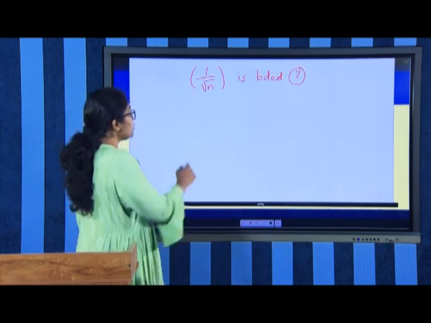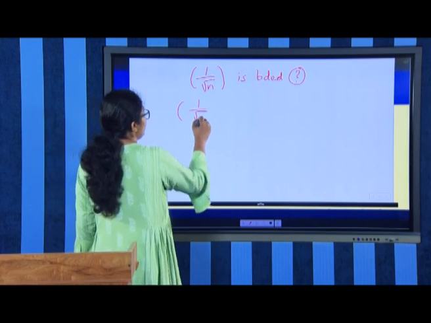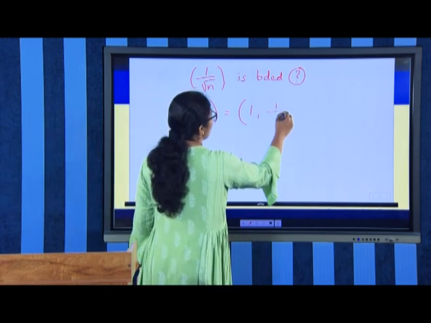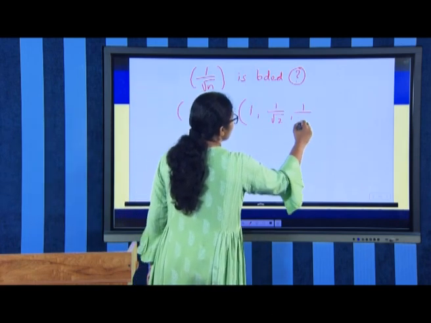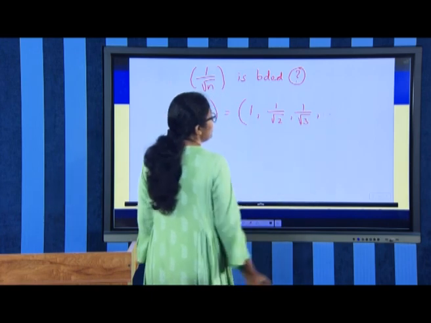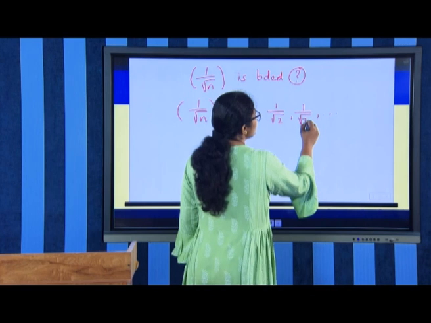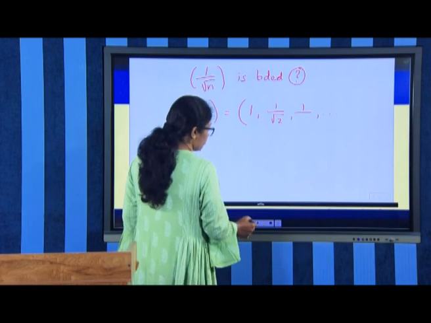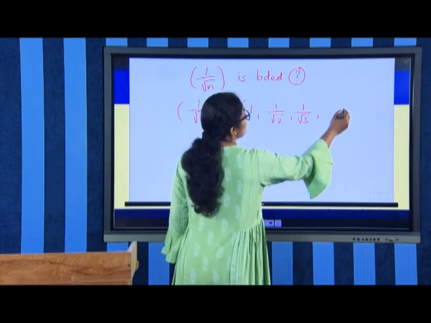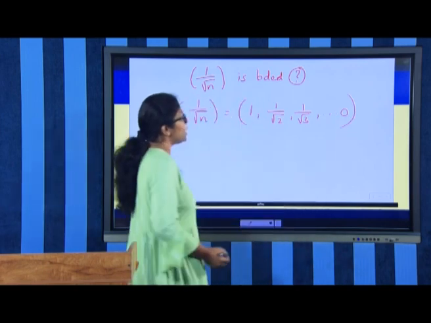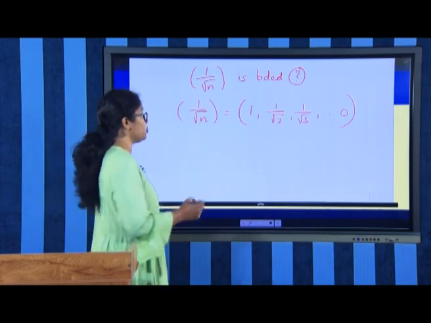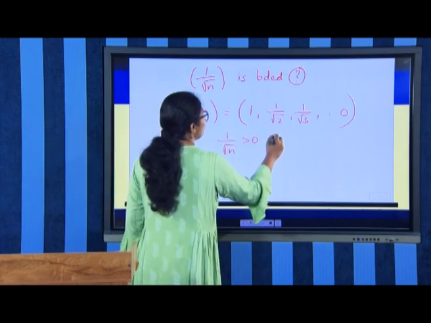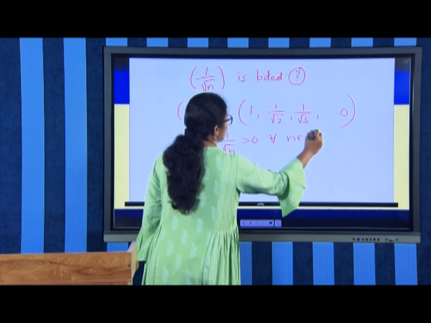If you consider the sequence 1 by root n, this is equal to the sequence of elements 1, 1 by root 2, 1 by root 3 and so on, and finally as n approaches infinity, the lower bound is nothing but 0. Definitely every element of this is greater than 0. So, 1 by root n is greater than 0 for every n belonging to the set of all natural numbers.